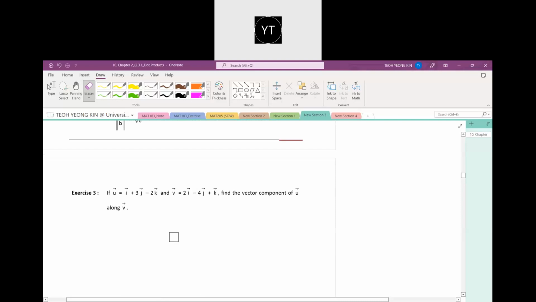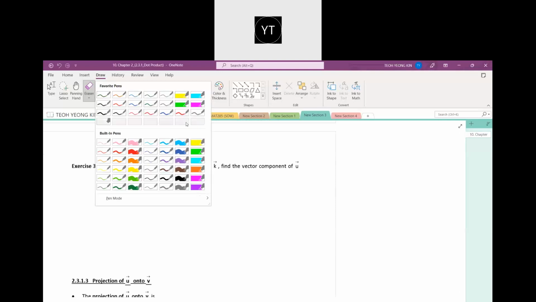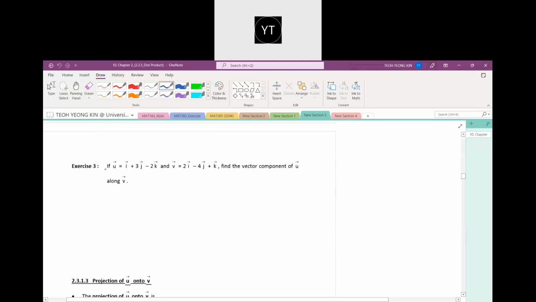So if we look at exercise 3, given that vector u is i plus 3j minus 2k and vector v is 2i minus 4j plus k. Later, we will change to the coordinate form. The question is, find the vector component of u along v.